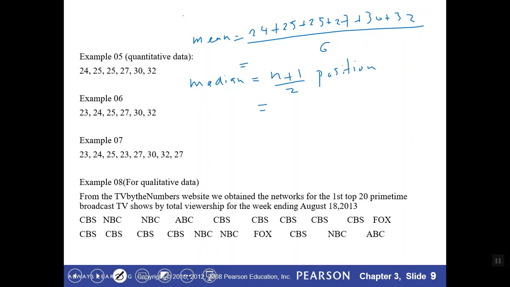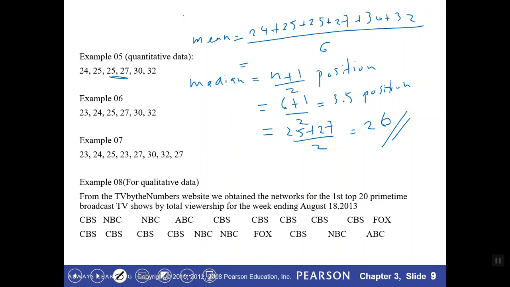So n is 6, 6 plus 1 divided by 2, so 3.5 position. So what is the 3.5 position? 3.5 position means third position and fourth position. So take the third and fourth position values, add them together, divide by 2. So 25 plus 27 divided by 2, you will have 26. This is your median.